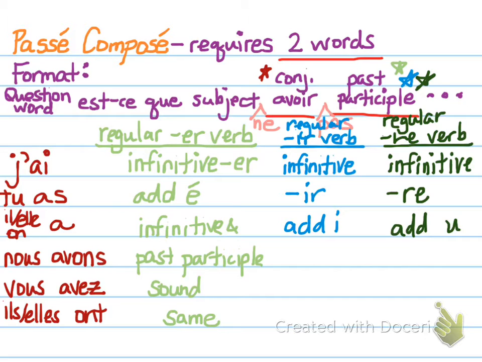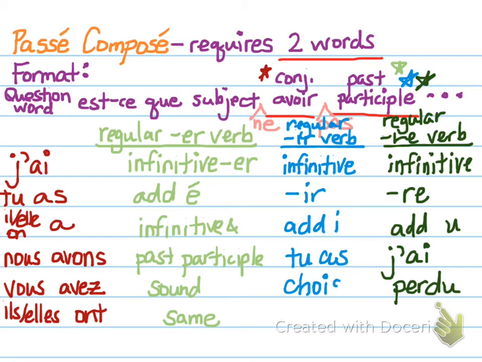So, to give you an example of a passé composé of a regular RE verb, if we look at the verb perdre, which means to lose, it would be j'ai perdu, if I want to say I lost. To look at an example of this with a regular IR verb, like, for example, choisir, to choose, a choisi.